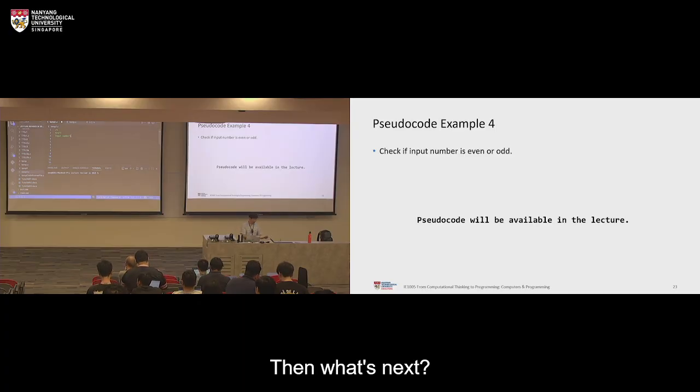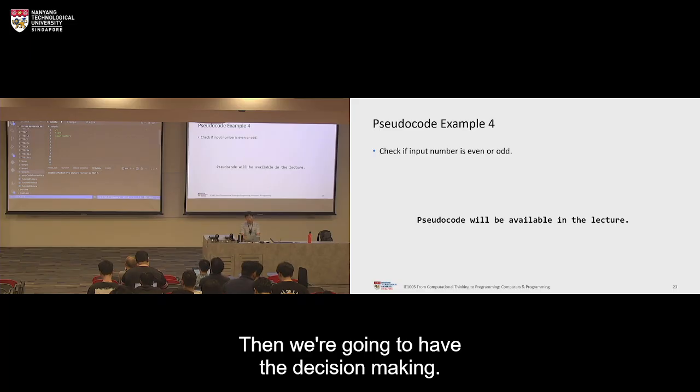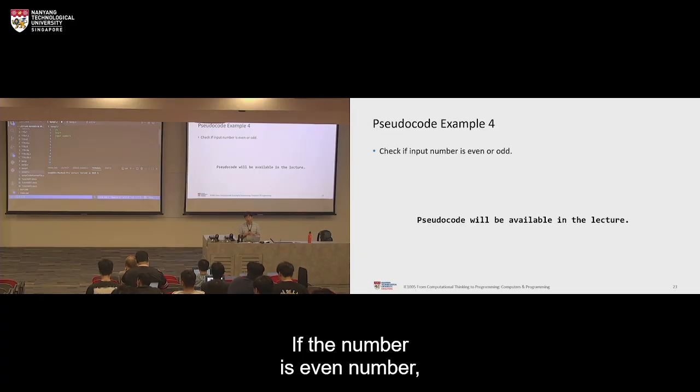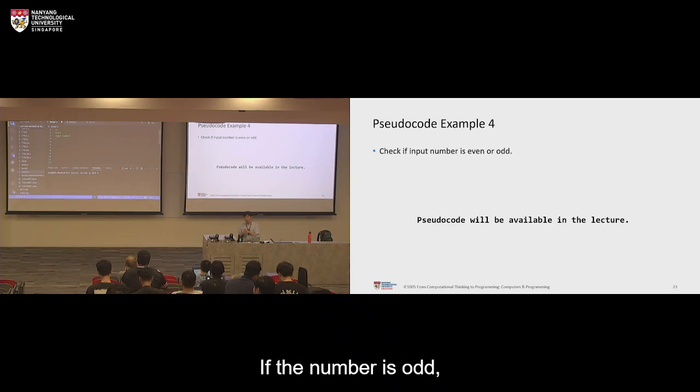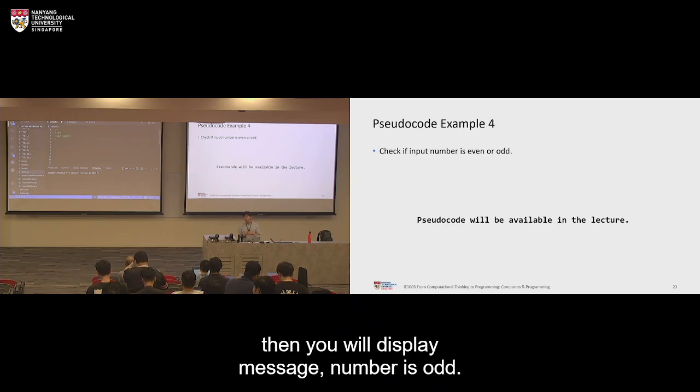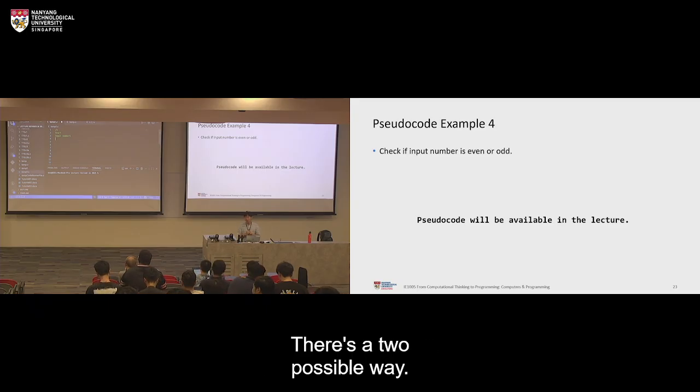All right, then what's next? Then we're going to have the decision making. So if the number is even number, you will display message, number is even. If the number is odd, then you will display message, number is odd.